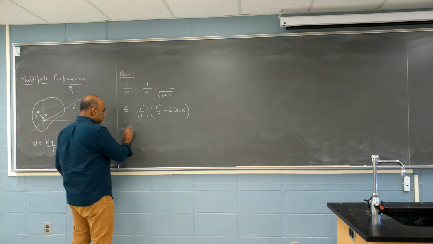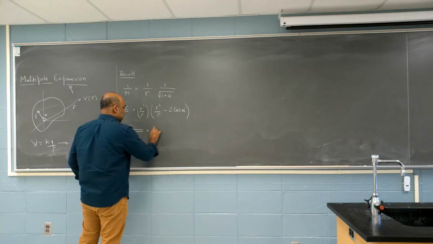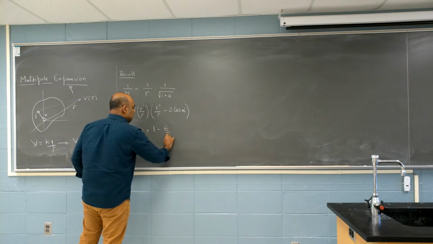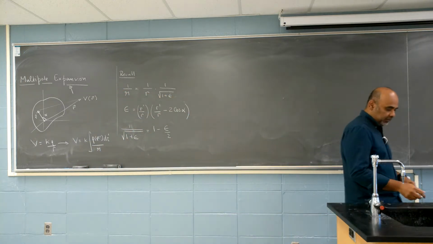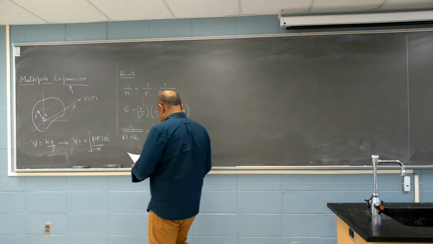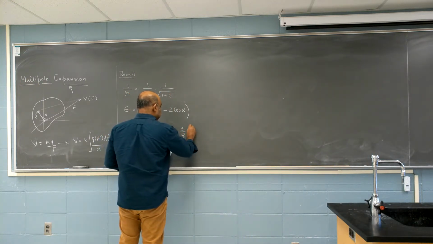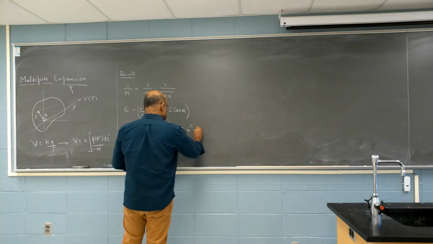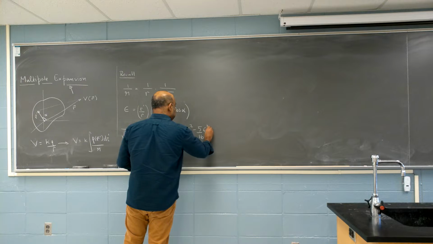And the Taylor expansion, I don't recall the exact form, I think the first two terms are that. You can verify. I have written this last time in class, but one more time: 1 minus epsilon over 2, plus 3 over 8 epsilon squared, minus 5 over 16 epsilon cubed.